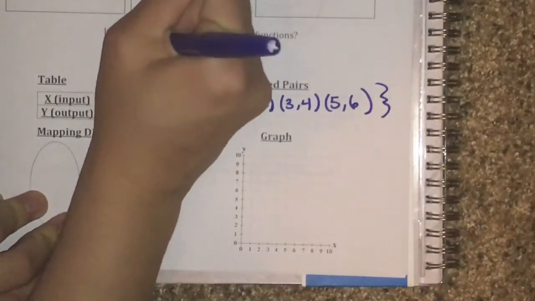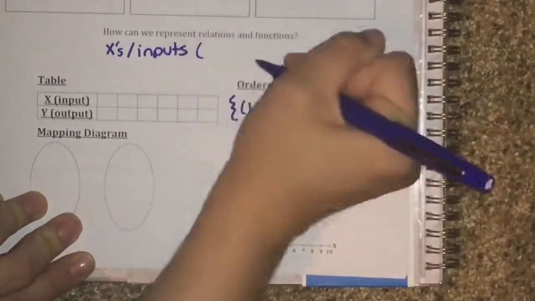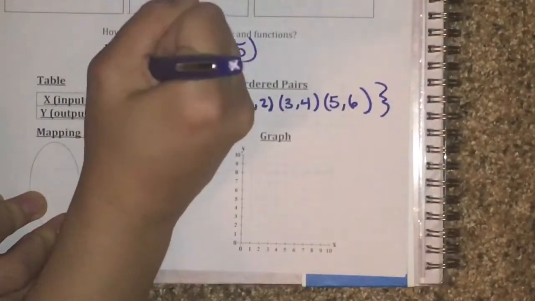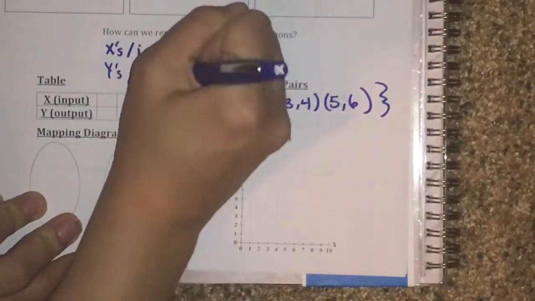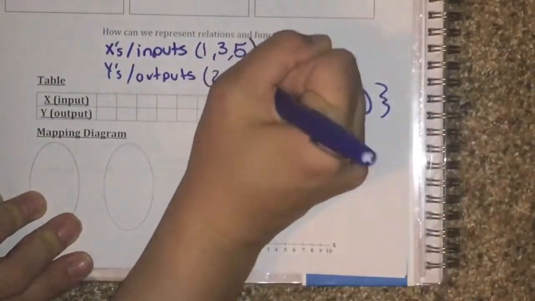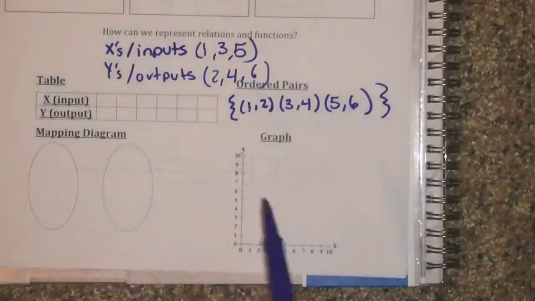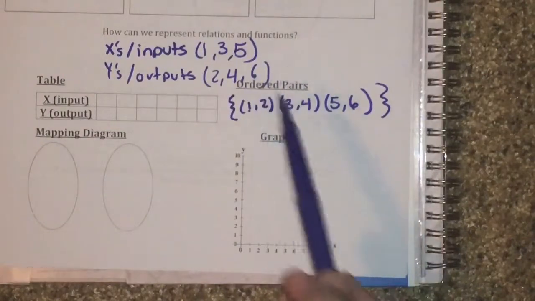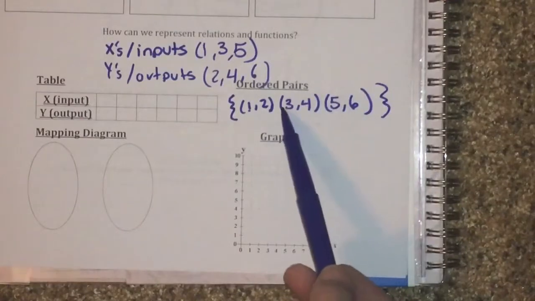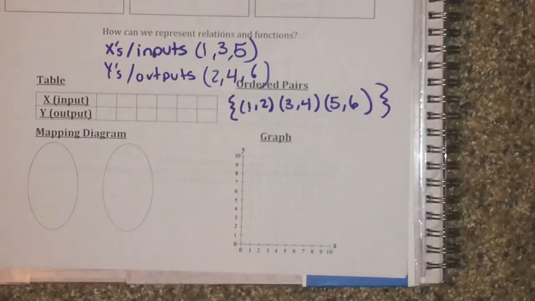So my x's slash inputs in this case are 1, 3, and 5, and my y's slash outputs are 2, 4, and 6. Basically what this is saying is that when 1 goes through a function, it spits out 2. When 3 goes through that same function, it spits out 4. 5 spits out 6, etc.